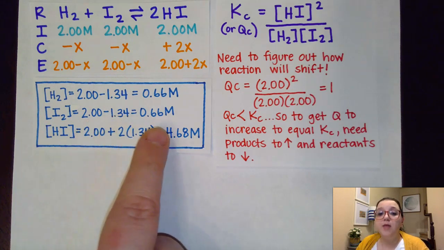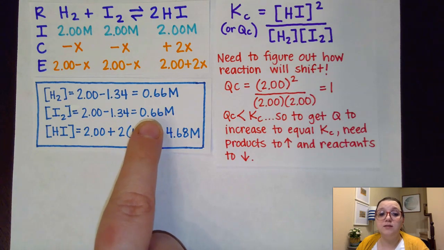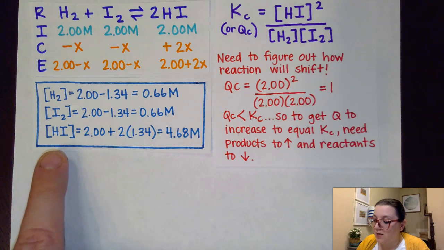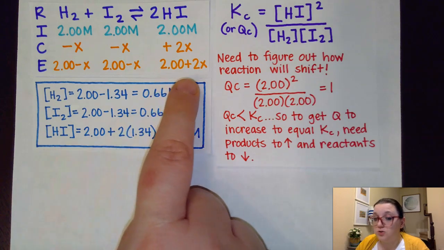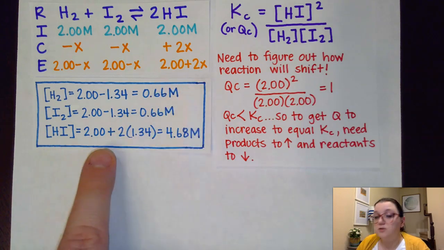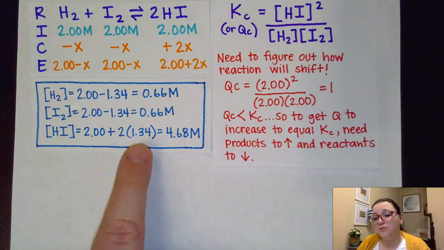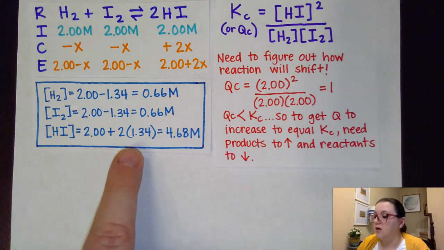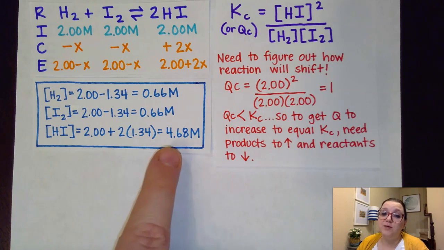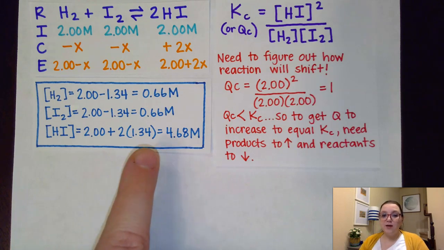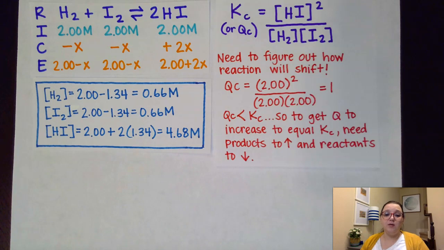So that leaves me with ending concentrations of 0.66 molarity for both of those. On the HI, it was 2 plus 2x, so 2 plus 2 times that 1.34, and that gets me an ending concentration of 4.68 molarity. So we were able to get all three of those molarities the same way I did on those other problems.